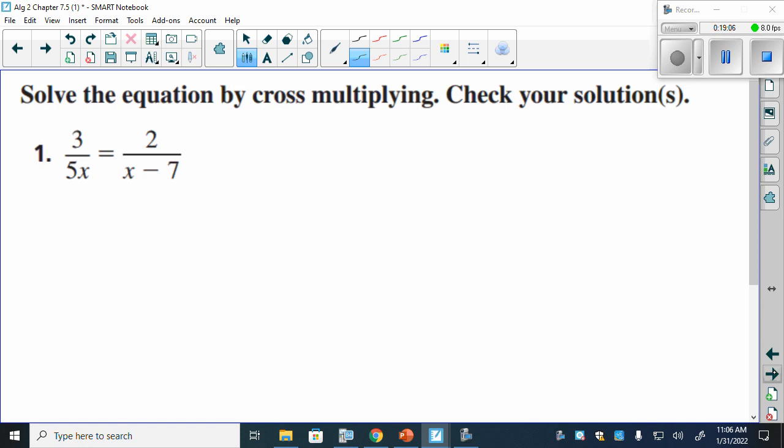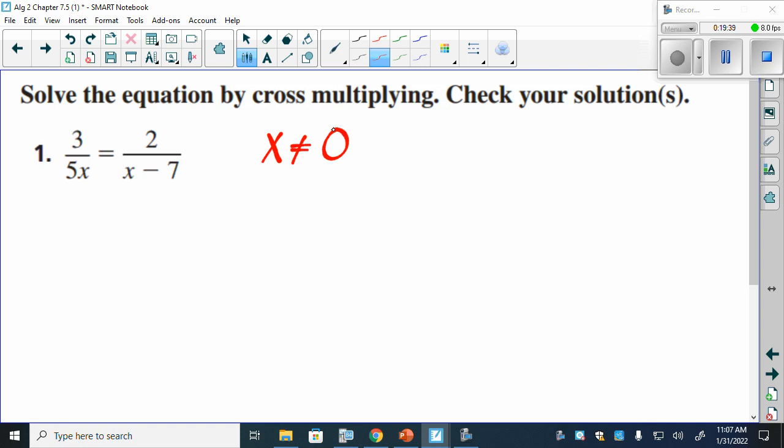Okay. Let's look at this last one here, and then we'll move on to the next type. Well, we can look at the restrictions here, and I think the restrictions for these two are a little bit easier to see than the last ones. Because the restriction for 5x, what times 5 makes it 0? Well, 0.